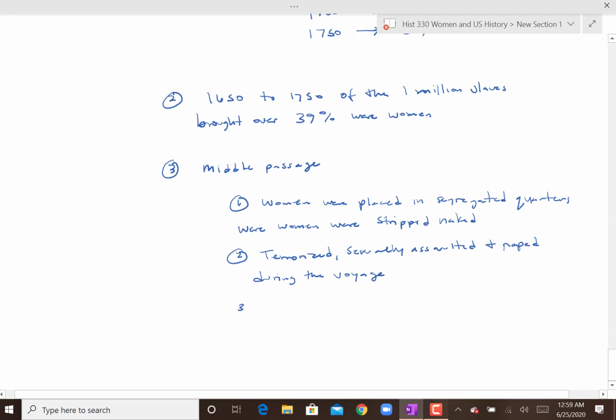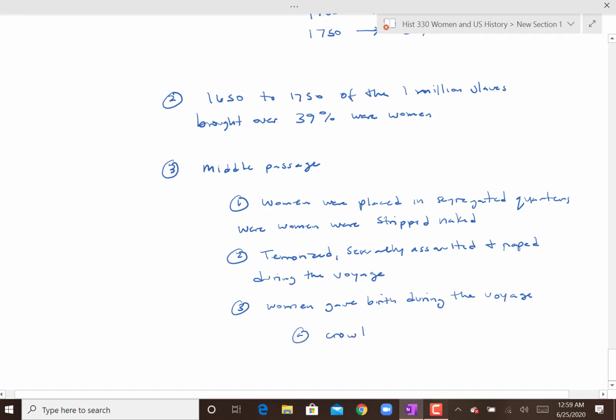You did have women who gave birth during the voyage, usually during the Middle Passage, because it was the longest period, so it was the most likely time, and which was very dangerous for many reasons.